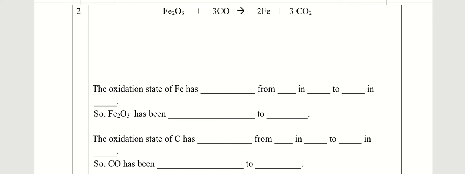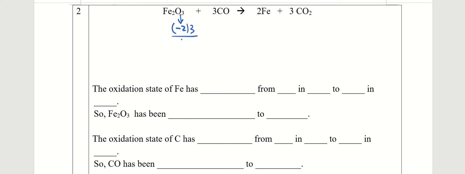first assign oxidation states to each element in the equation. So let's take a look at iron(III) oxide. Now as we know, typically the oxidation state of oxygen doesn't change, so we would assign that first. Oxygen would have an oxidation state of -2, and since there's 3 of oxygen, we would multiply it by 3.